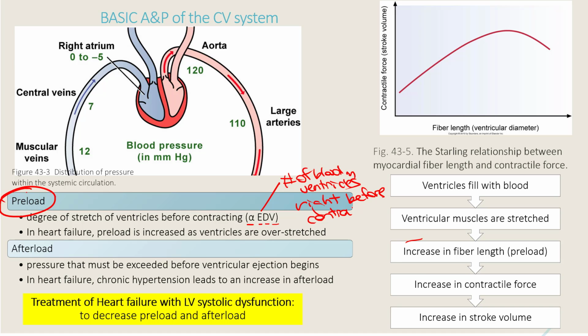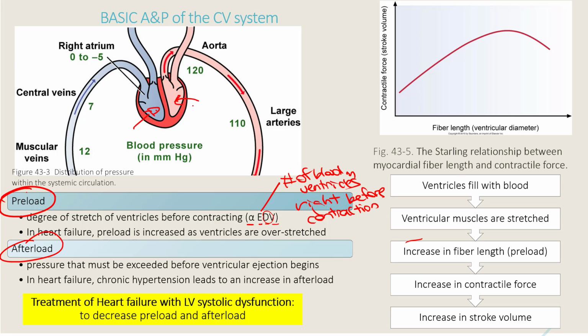So it's the end of the diastole, the relaxation part, right before contraction or systole happens. Basically it's the amount of blood that enters into the ventricles. In heart failure, the preload is increased because the ventricles are overstretched and they can't actually contract that much.